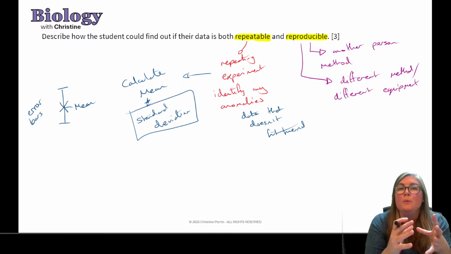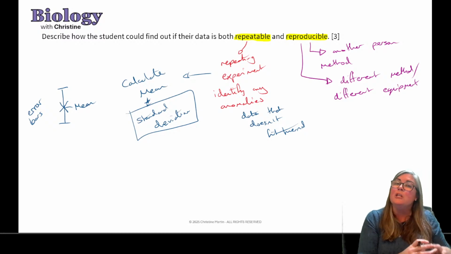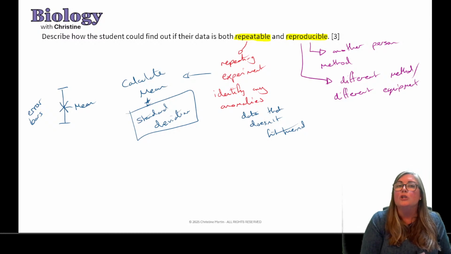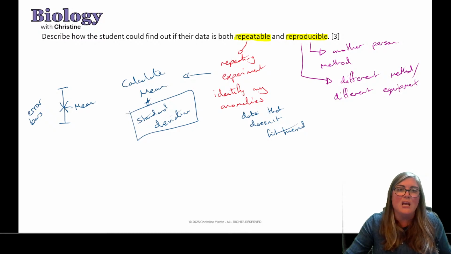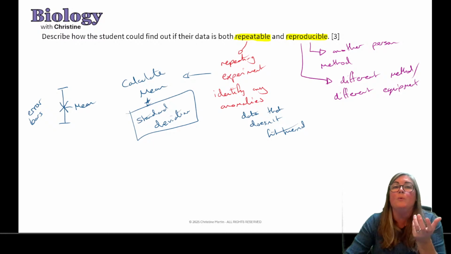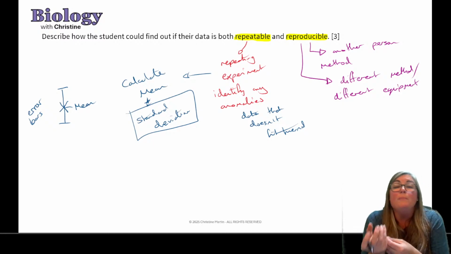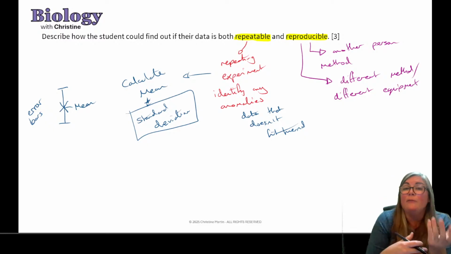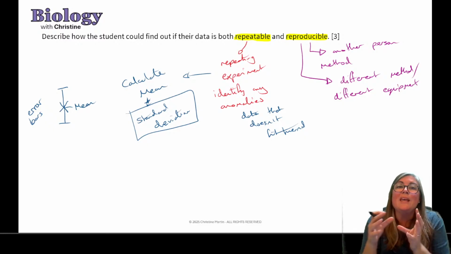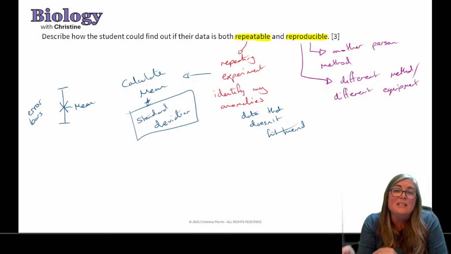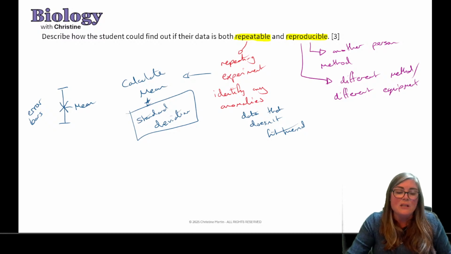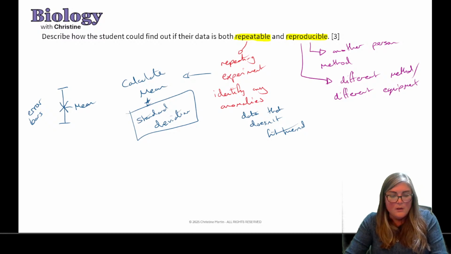So what you're doing is looking at whether they are able to reproduce the data that you got, showing that if you carried out this investigation, that trend would follow as you would expect. So if it were, for example, using a different beetroot, using a different potato, do they get exactly the same set of results? Is it reproducible?